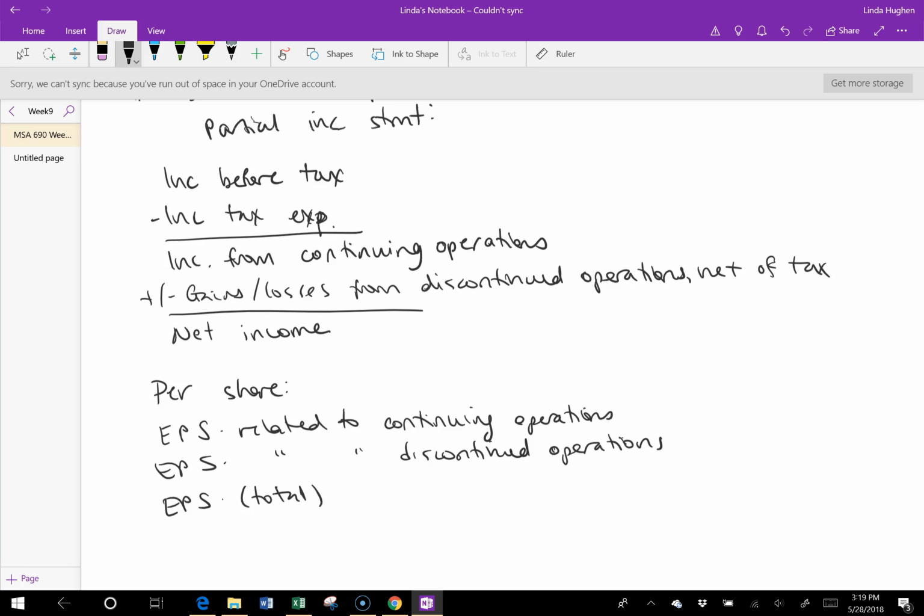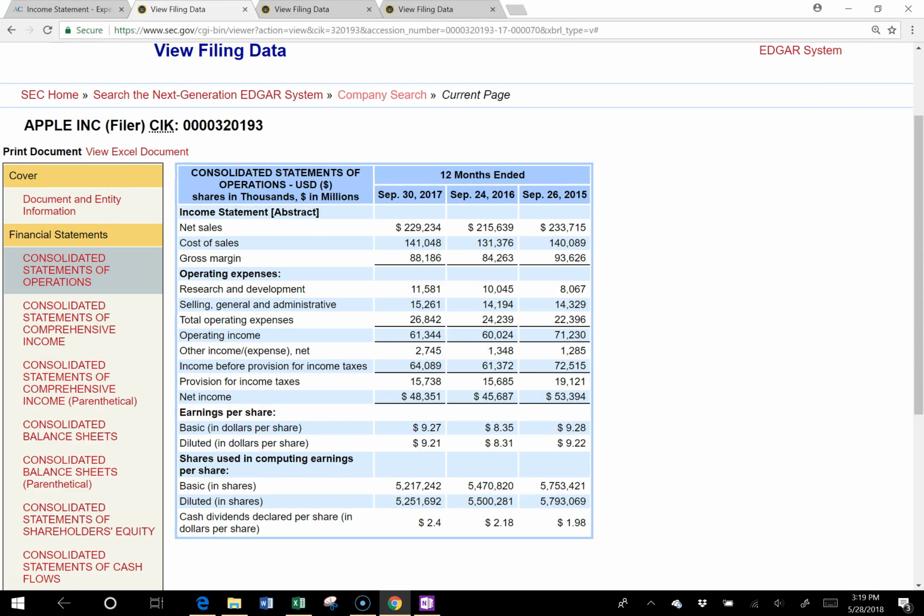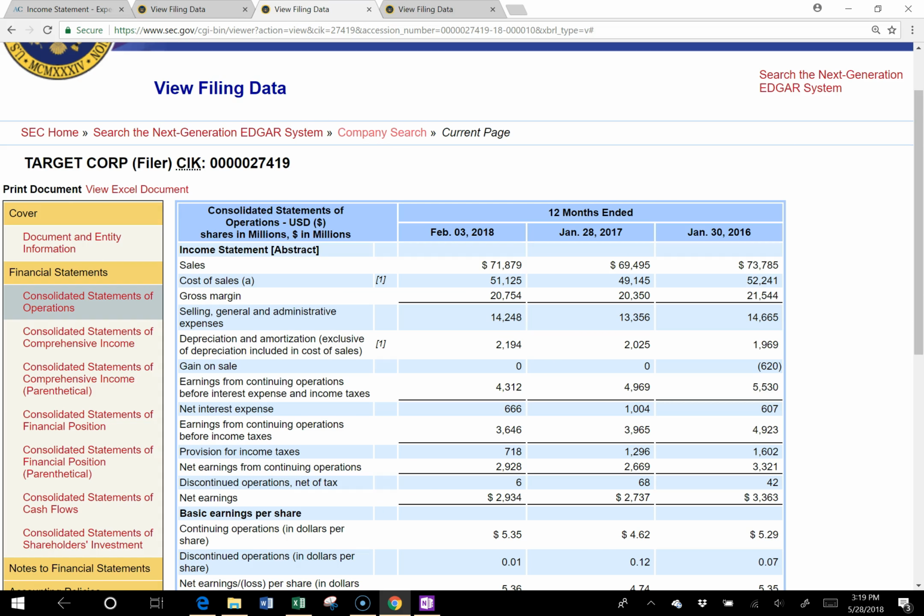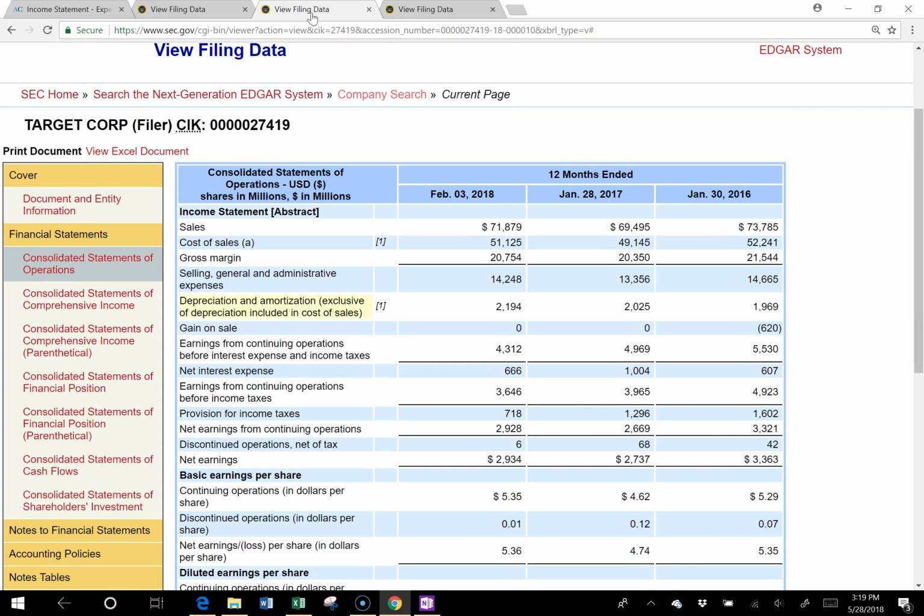Let's take a look at an example. Target in its most recent 10K. Here we have Target Corp. In its most recent 10K, we see here gross margin, earnings from continuing operations, interest expense, earnings from continuing operations before taxes, income tax expense, income from continuing operations, and then finally discontinued operations net of tax.